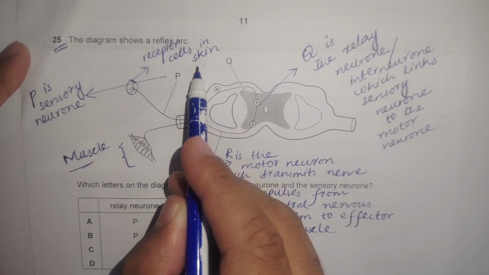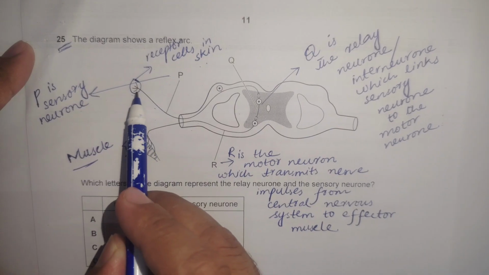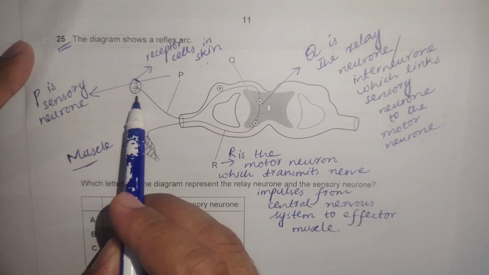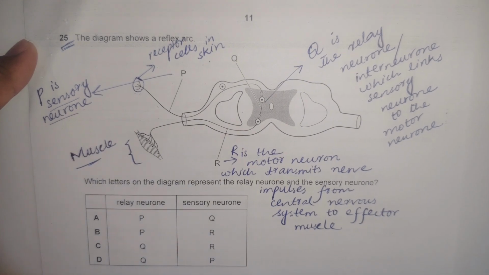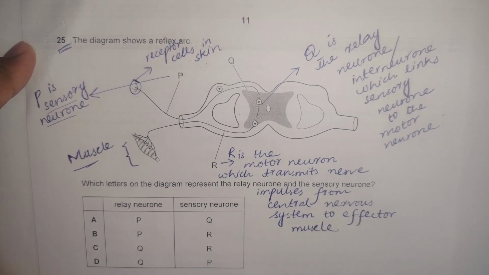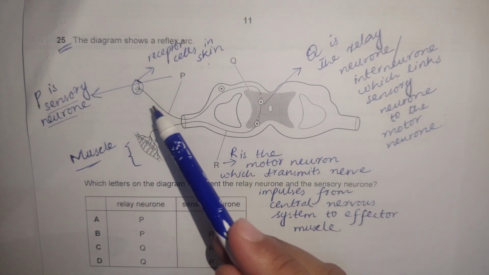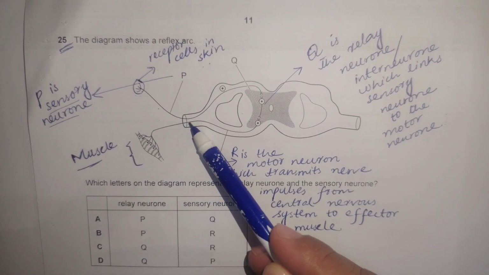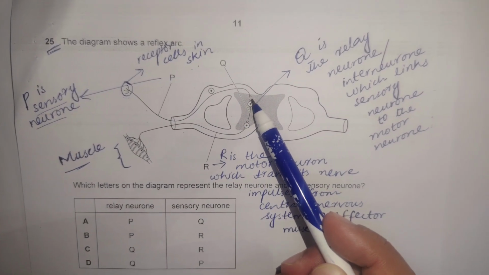And let me tell you that this neuron that is attached with receptor cell, this is a sensory neuron, because sensory neuron is the one which carries nerve impulses from receptor cells in skin, and it is taking it to the central nervous system.